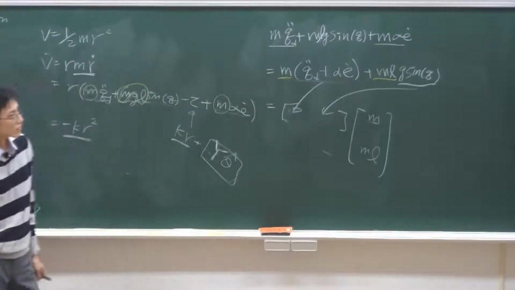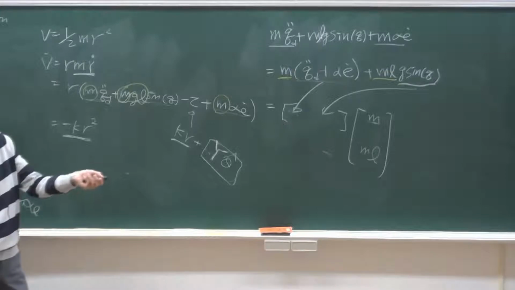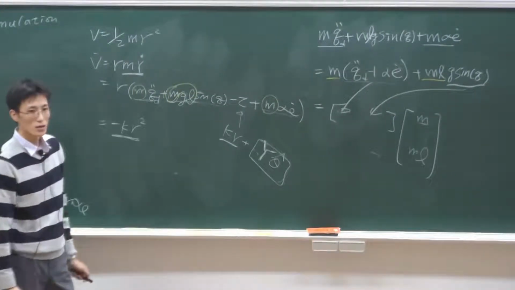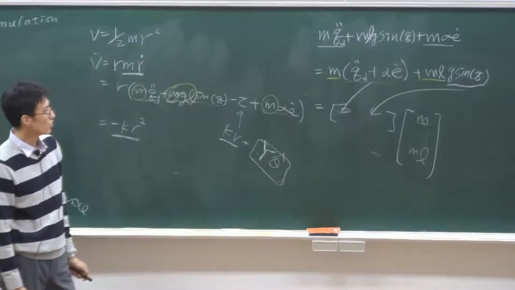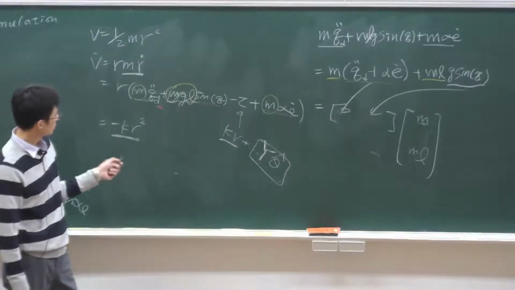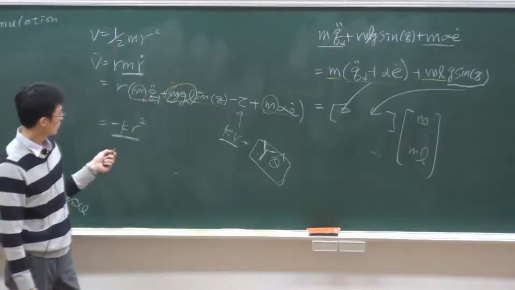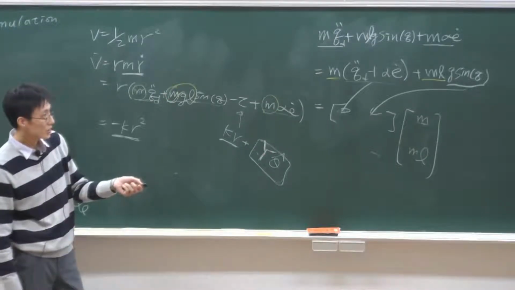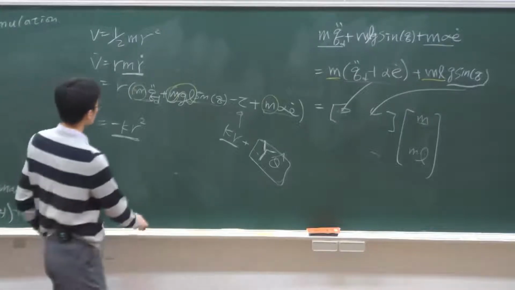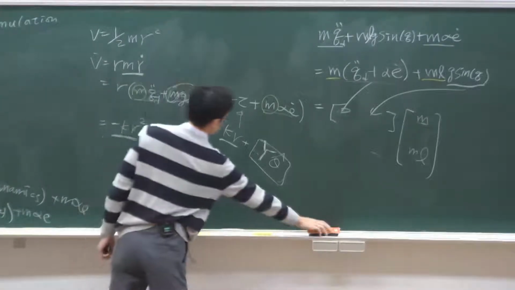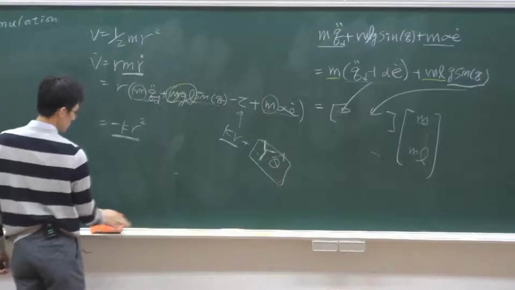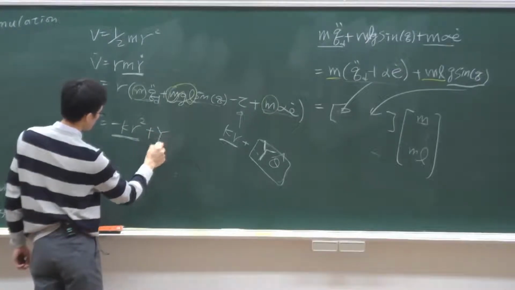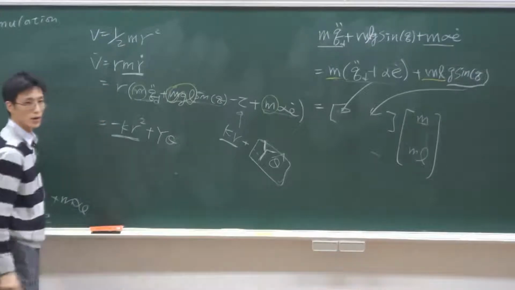Understand? So this is what it is here. You can put the summation of these three terms as Y theta. So we can narrow down to plus Y theta, right?